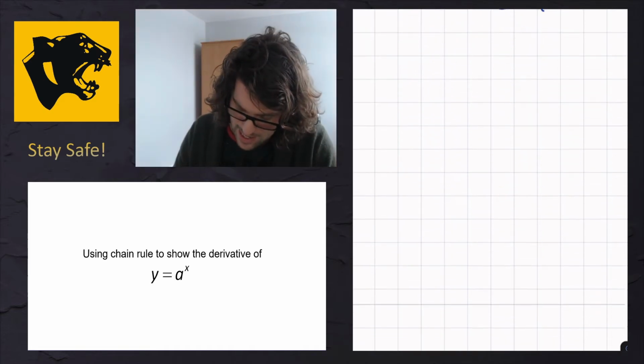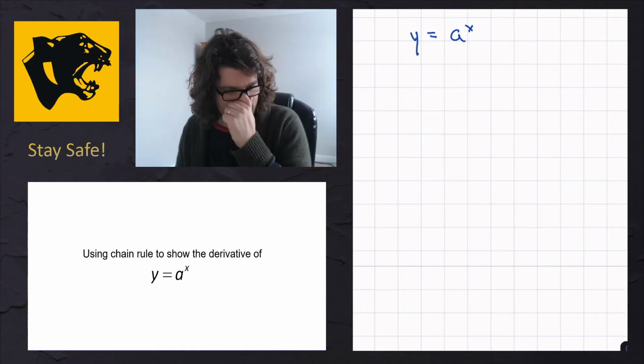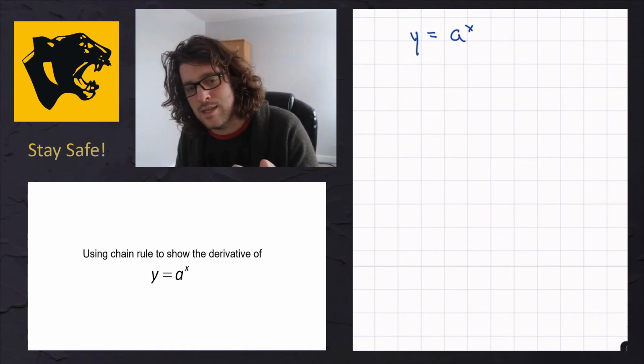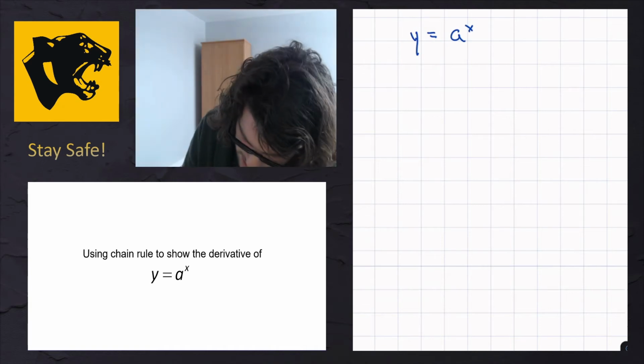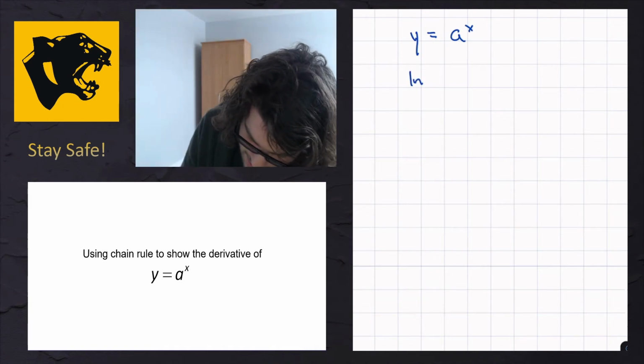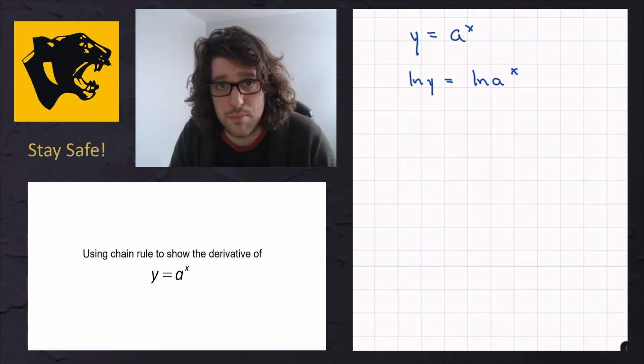So back to the any base example, we would have y is equal to a to the x. So let's take the natural logarithm of both sides of this particular equation. And so I'm going to do the natural logarithm of y is equal to the natural logarithm of a to the x.